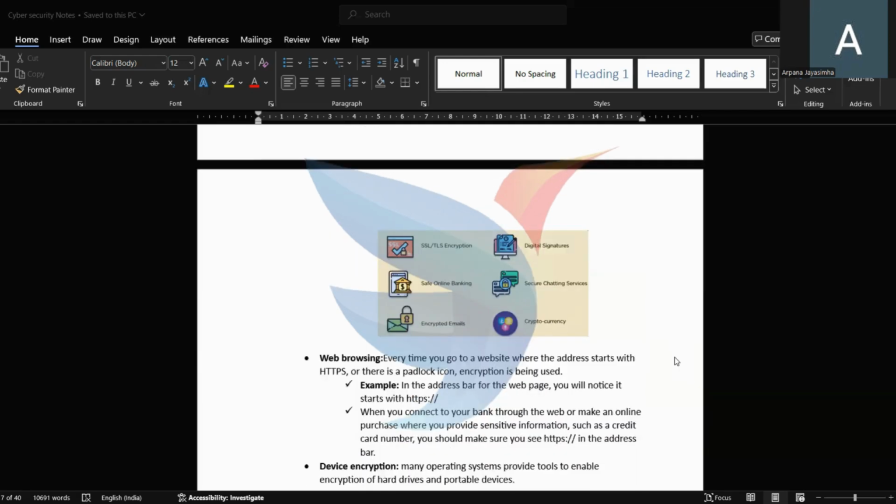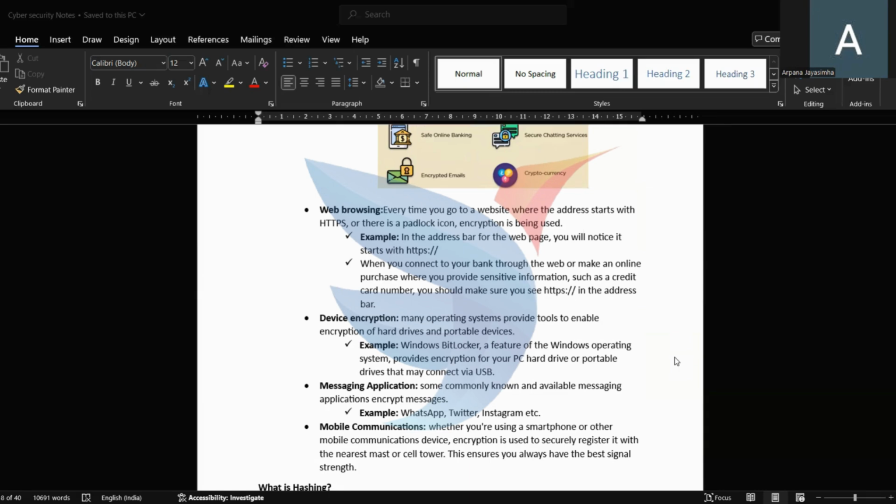So let's see web browsing. Every time you go to a website whose address starts with HTTPS, or there is a padlock icon, encryption is being used.